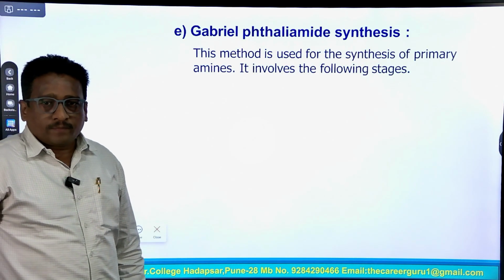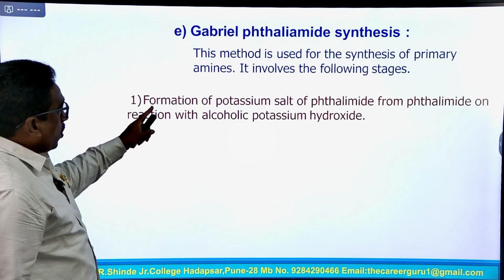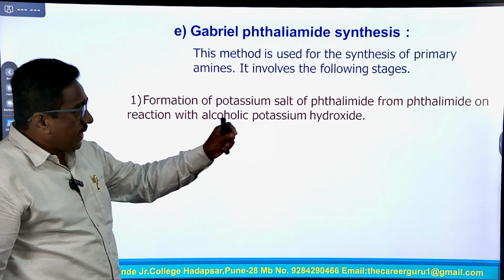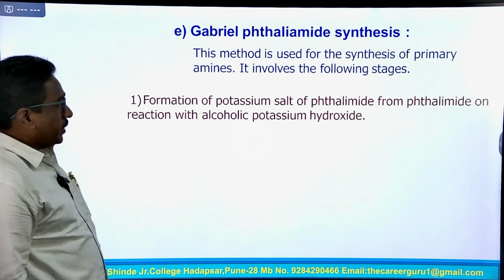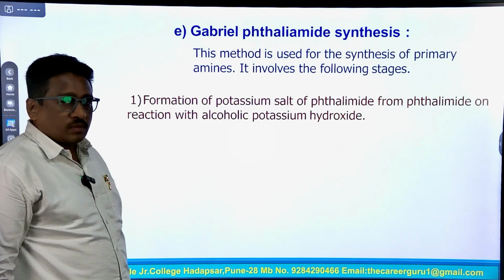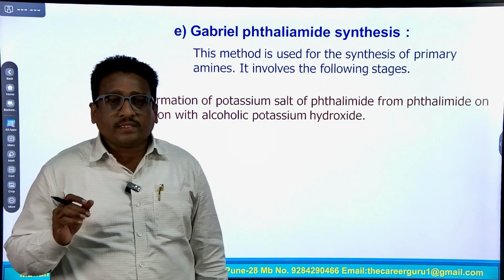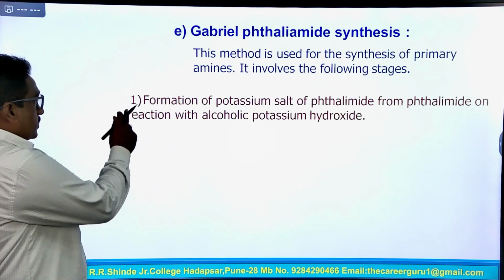Number 1, formation of potassium salt of phthalimide from phthalimide on reaction with alcoholic potassium hydroxide. So, alcoholic potassium hydroxide reacts with phthalimide and converts it to the potassium salt of phthalimide. This is the first step.